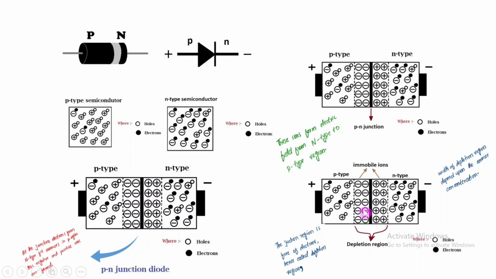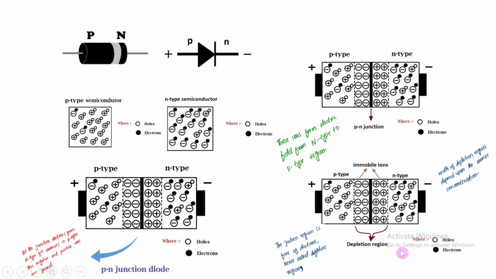In other words, if we provide an external voltage to this PN junction diode, and that external source has a voltage below 0.7 volt, then the potential barrier will be present, and these electrons will not recombine and jump to the p-type region.